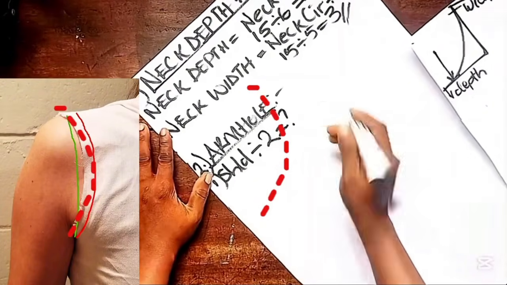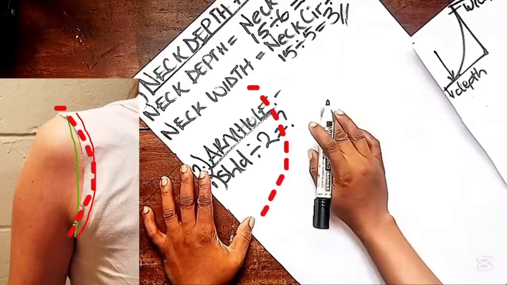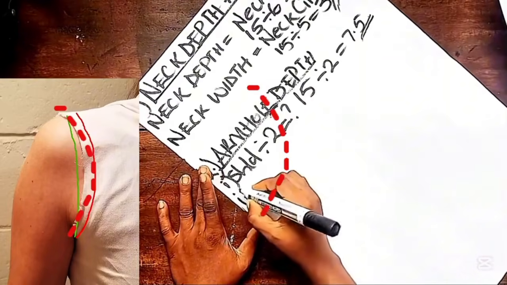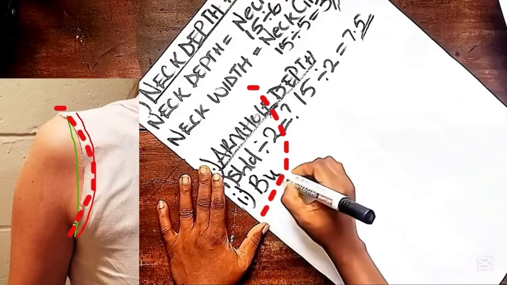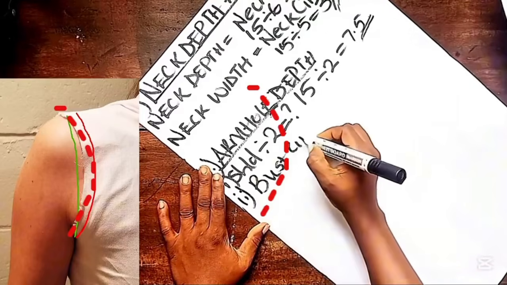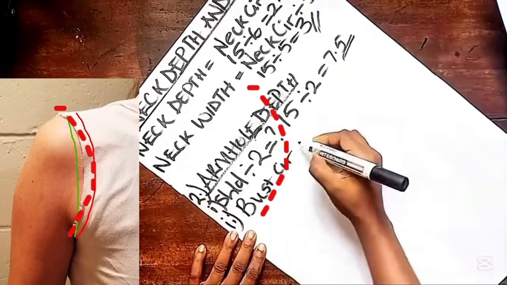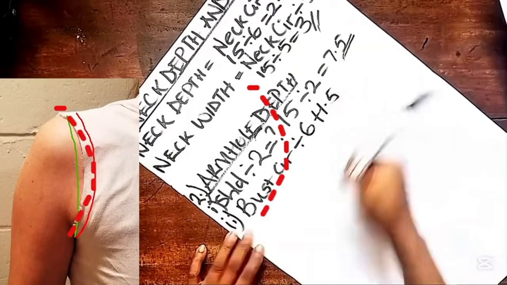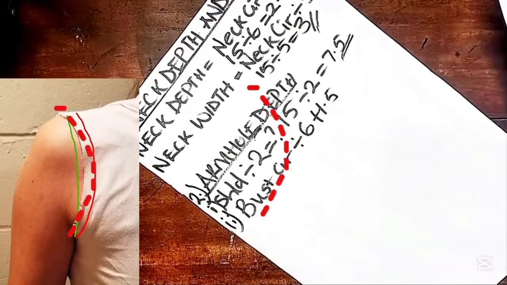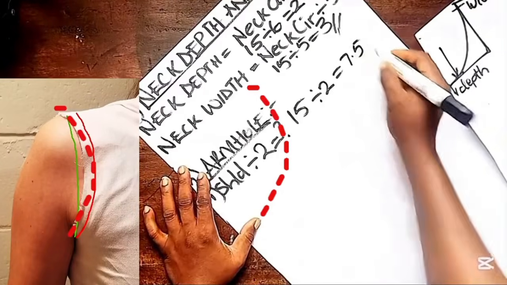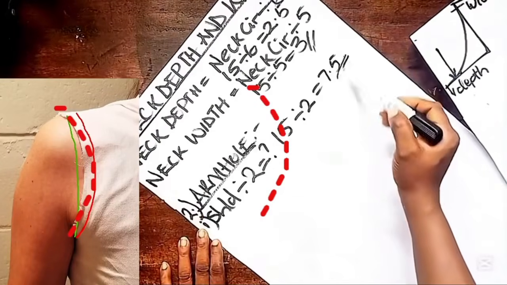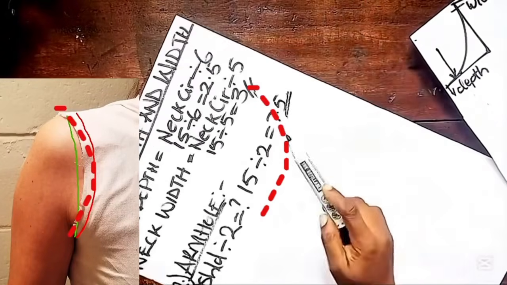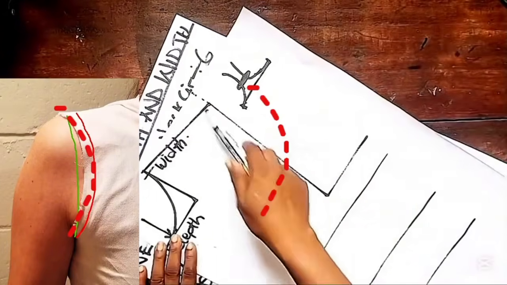The second formula is the bust measurement divided by 6 plus 1.5 inches, and that is also supposed to give you the length. This formula is supposed to give you the exact answer. In this tutorial, I had about 7.5 inches for both of the formulas.